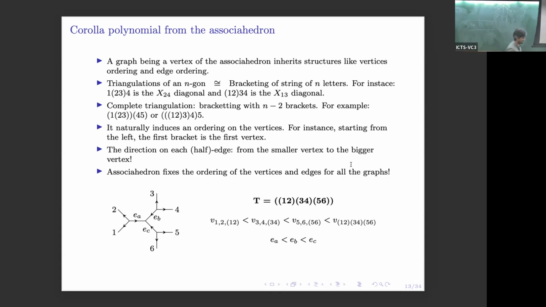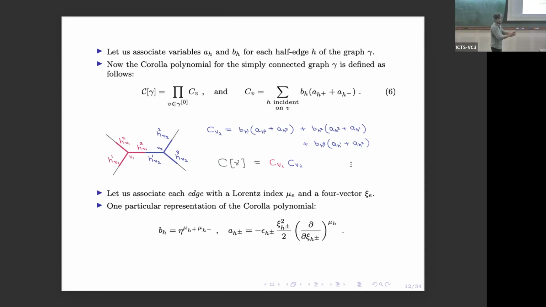I will try to rush, sorry. What is the point of this ordering? It naturally induces an ordering on the vertices. For instance, you can start from the left, and the first bracket that you encounter, you call that the first vertex. So intuitively you can define an ordering on the vertices, and that will in turn define an ordering on the edges, and this will also fix how I make my C from here, in which order I multiply them.